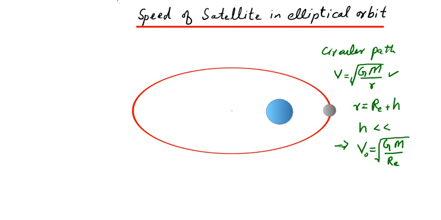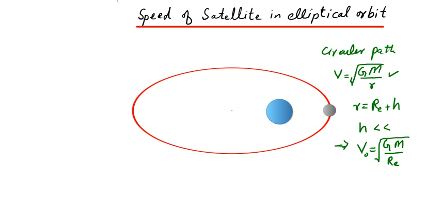But this is actually an ideal case. Kepler stated that all satellite or planetary motion is in elliptical orbits, and then it was Newton who gave the mathematical expression for these elliptical orbits.